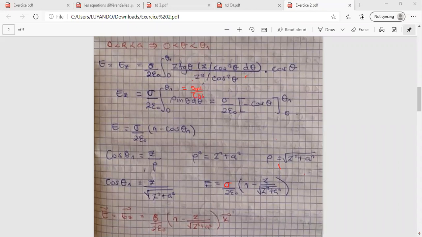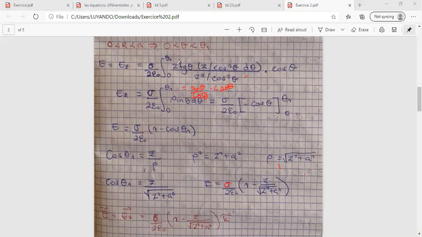So we're going to have sine theta over cos theta times cos theta, because that cos will still be there. And then you know that this and this are going to cancel. So you remain with sine theta d theta, which is what we have here.